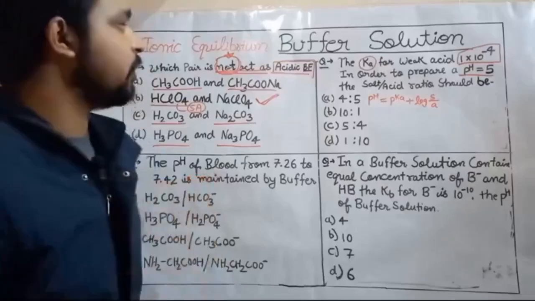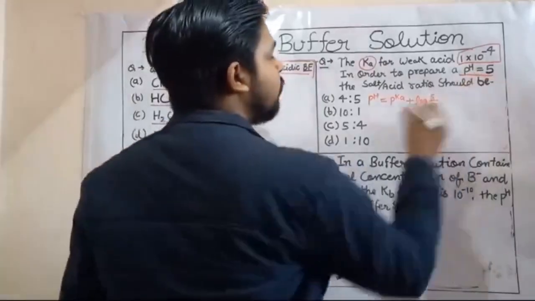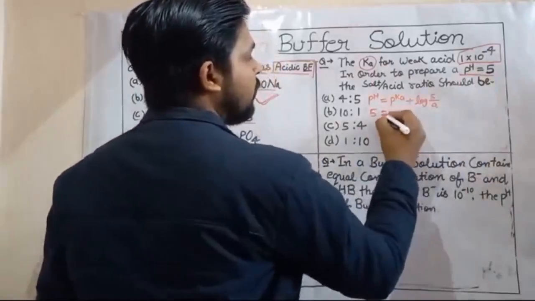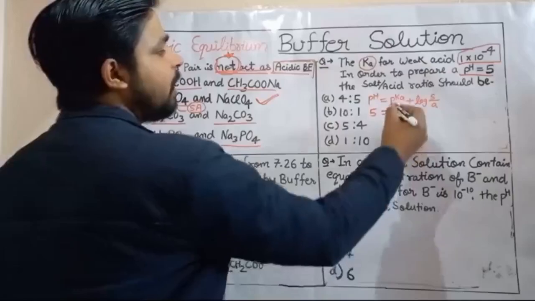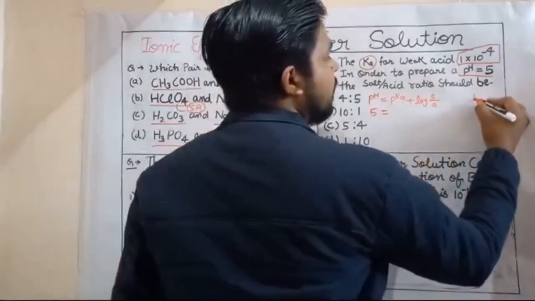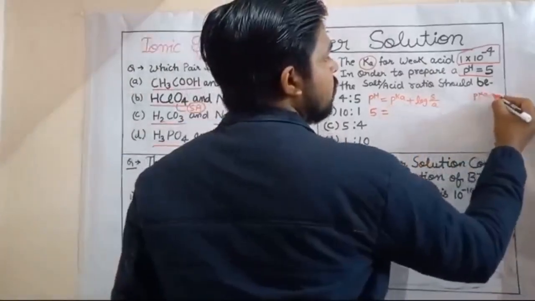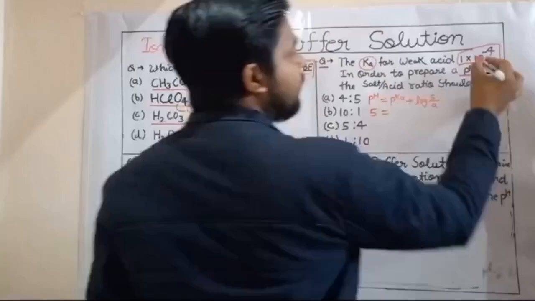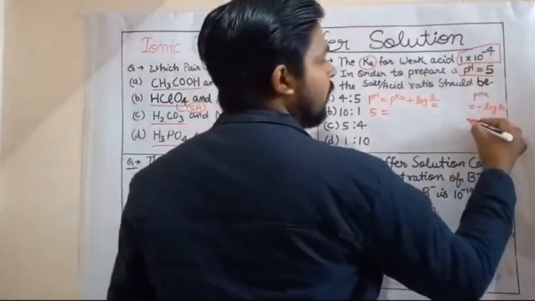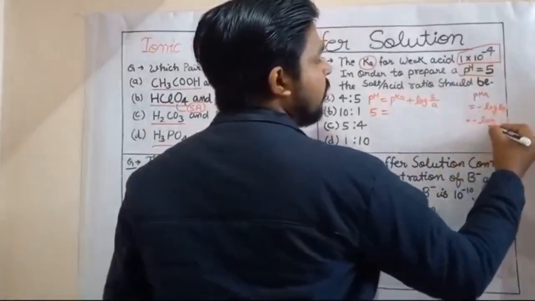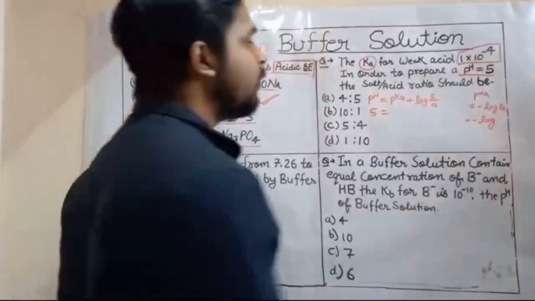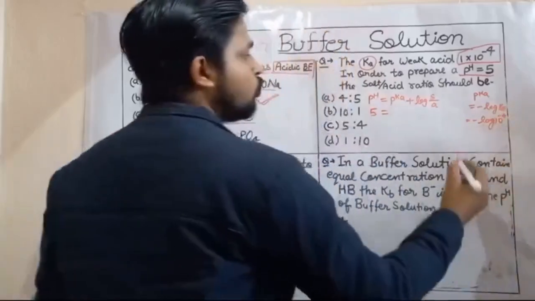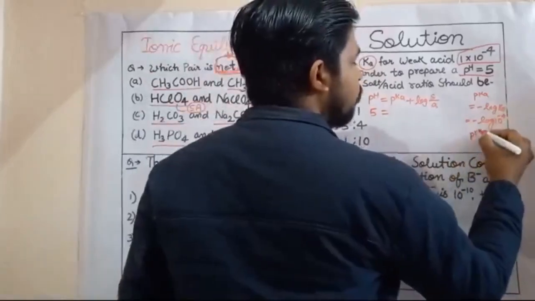According to the question, the pH is given as 5. For pKa, we use the formula minus log K, which is given in the question. So minus log 10 to the power minus 4 gives 4. Okay student, so here pK is equal to 4.